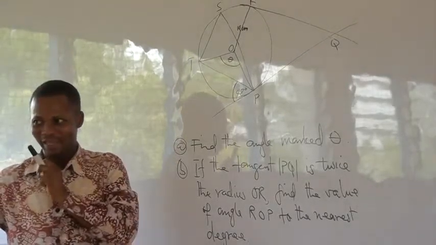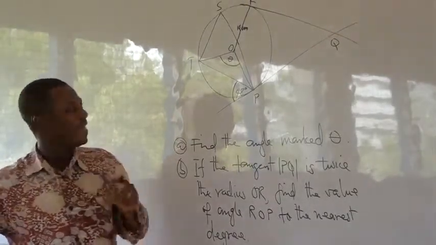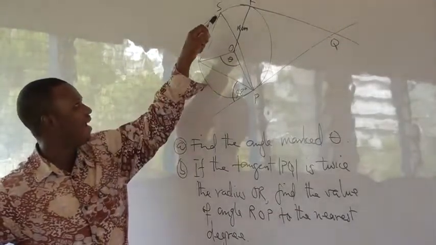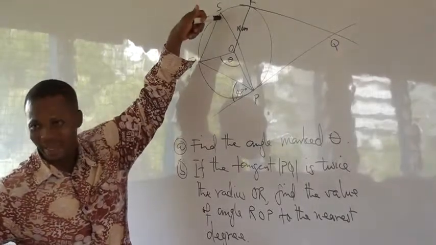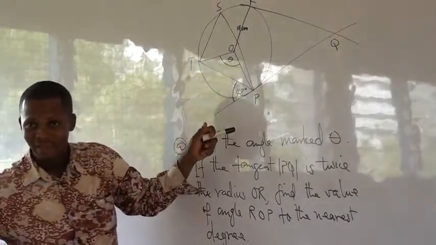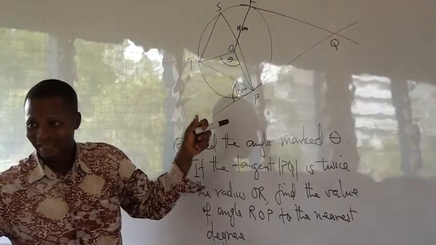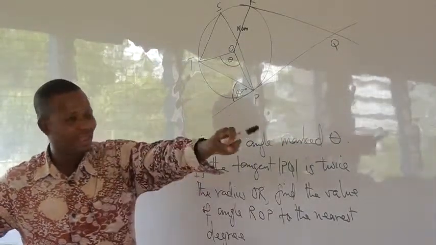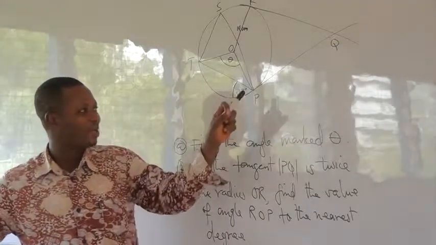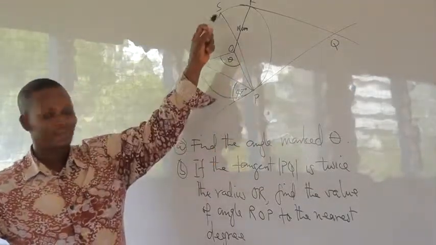So do you see how the trick worked out? Instead of you being given directly this angle, for you to tell that this one is 2 times that, you have been given the angle relative to the tangent at the point of tangency. So you need to use this theorem 7 to work out this.